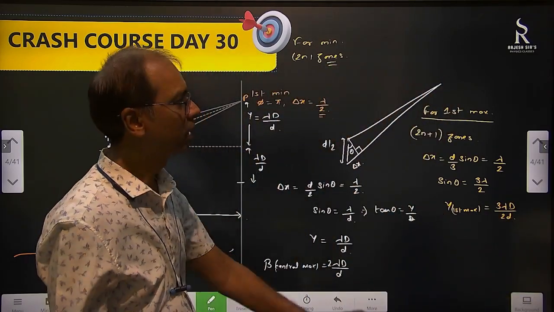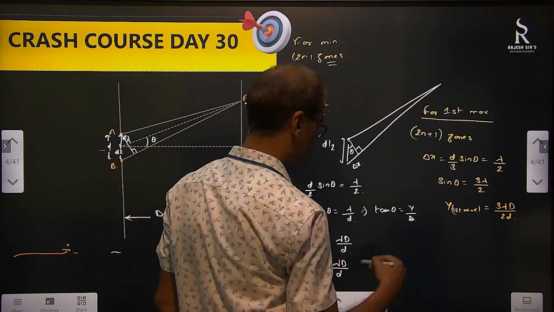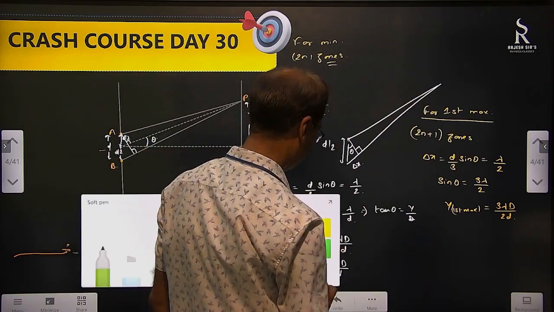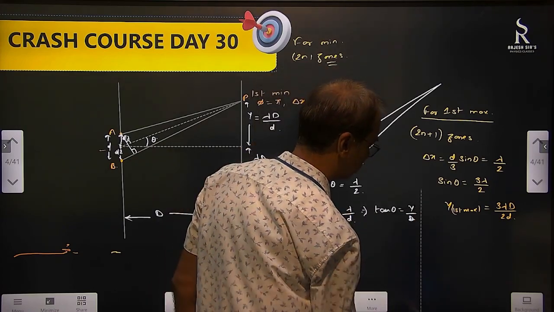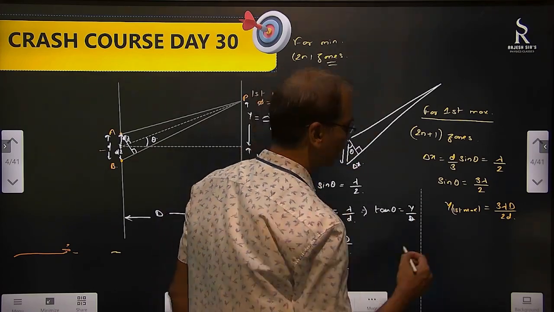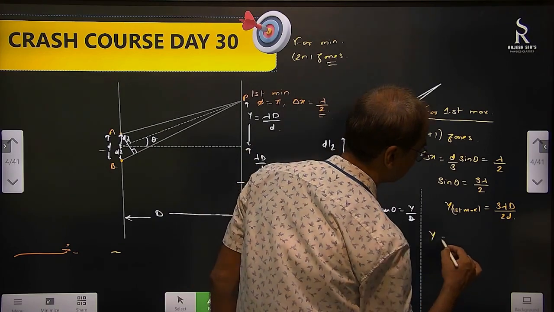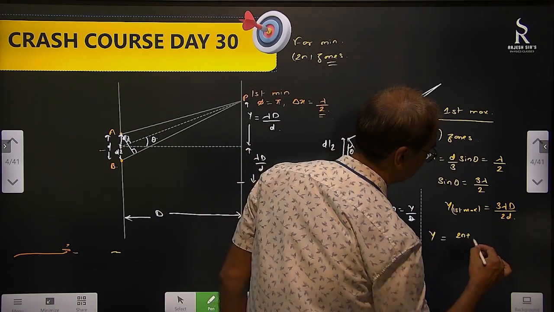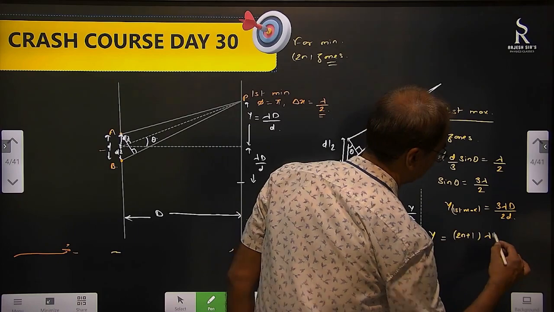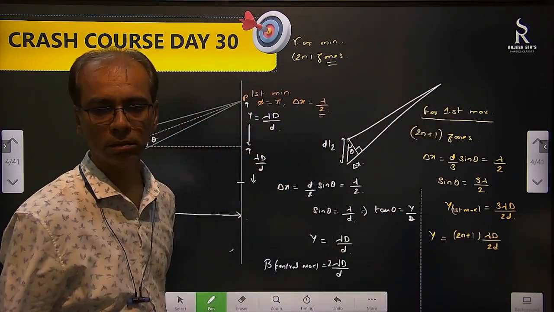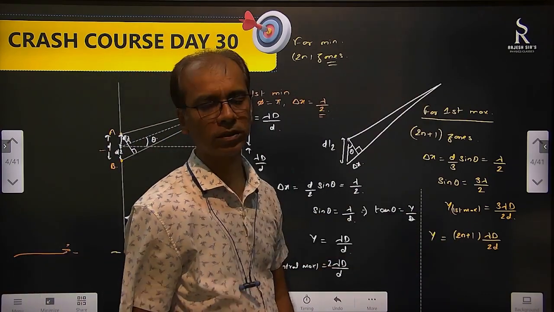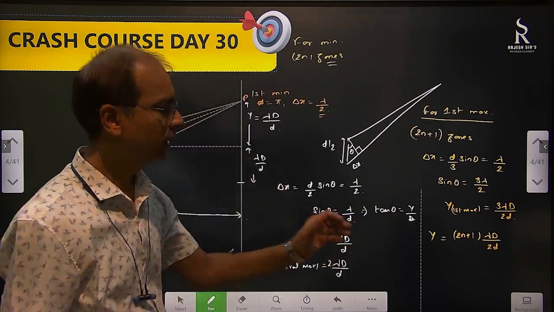So how will we write the position of maximas? We'll write position of maxima. From here itself we can find out positions of maxima. Okay, so y will be 2n plus 1 lambda D by 2. You put n value, first maxima, second maxima, third maxima, you'll be getting.